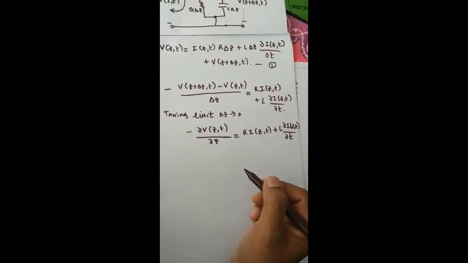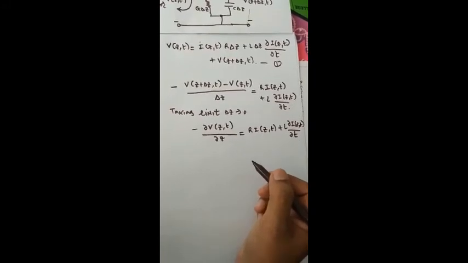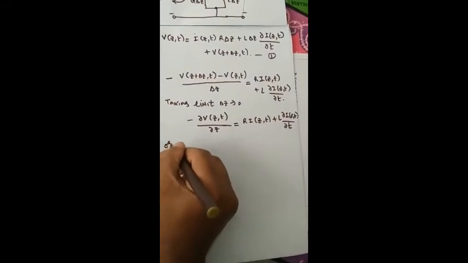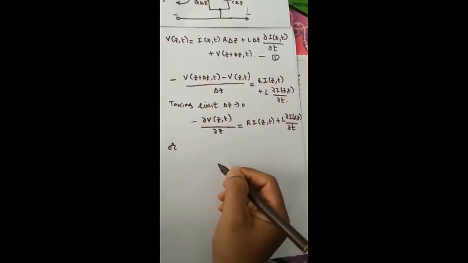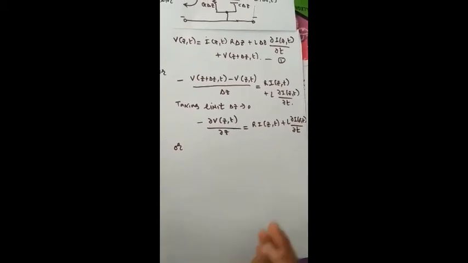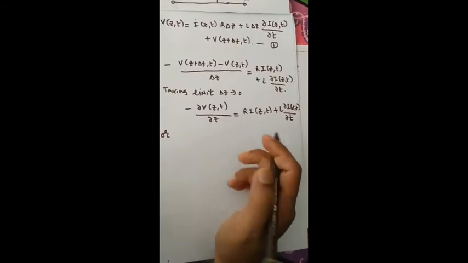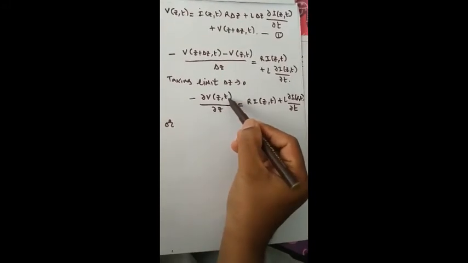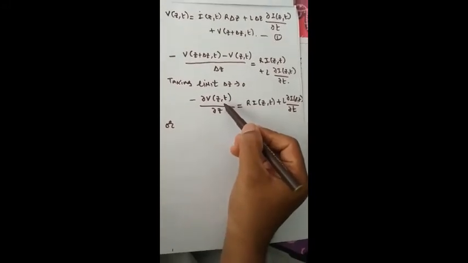Or I can express this relation also, because here we are now omitting the space variable and time variable, since there is no need to write Z comma t each and every time.